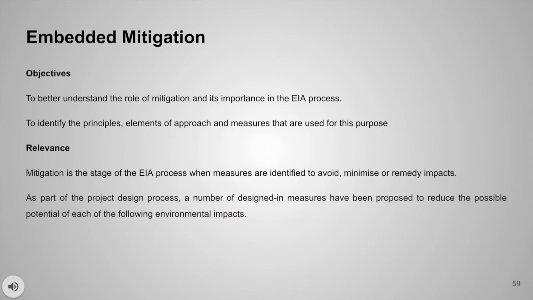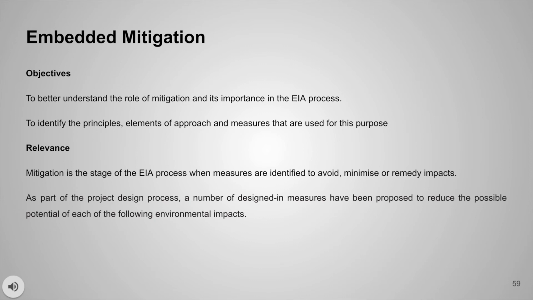The objective of embedded mitigation studies is to better understand the role of mitigation and its importance in an EIA process. Basically, mitigation means the reduction of something harmful or the reduction of its harmful effects.